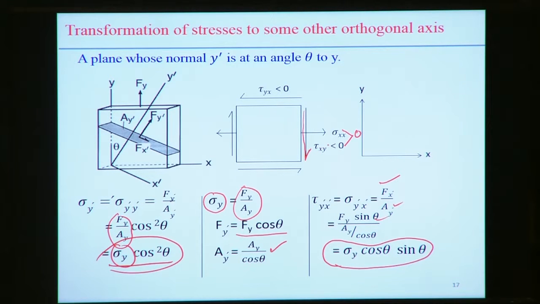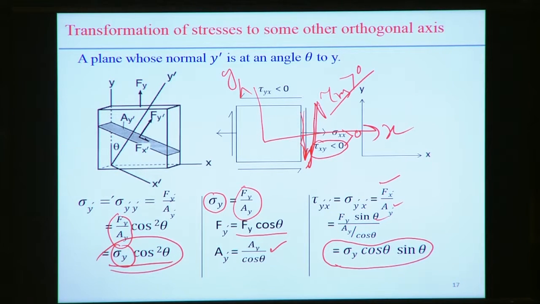We can define tau xy so that the direction is like that, this side is the positive x, but here it is opposite to y, so the negative y direction. That's why this direction produces a negative value of the shear stress. If the shear stress is shown like this, then we can say tau xy is greater than 0.